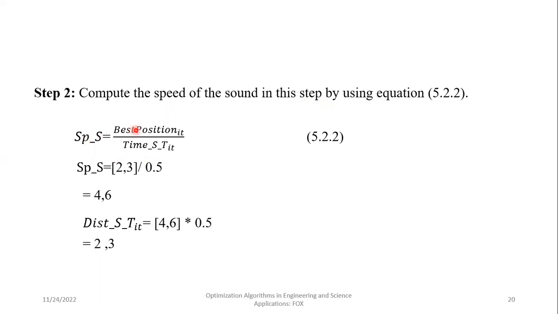Speed of sound equals the best position, which is the first dimension 2 and second dimension 3, divided by 0.5, so 2 divided by 0.5 and 3 divided by 0.5, you will have 4 and 6. So that's the speed of sound. Distance sound travels, again we multiply by 0.5 according to the equation that we have. We'll have 2 and 3.